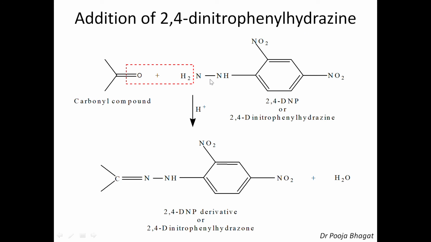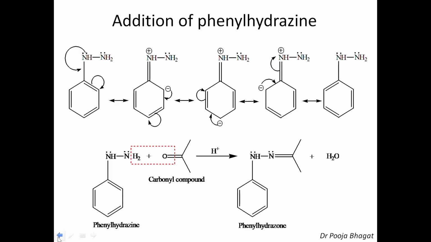Is it okay? Then addition of 2,4-dinitrophenylhydrazine. In the same way, the lone pair of electrons on this nitrogen will be delocalized over the whole benzene ring. What is the difference between phenylhydrazine and 2,4-dinitrophenylhydrazine? These two nitro groups. We have the two nitrogens, the hydrazine moiety is there, the benzene ring is there.